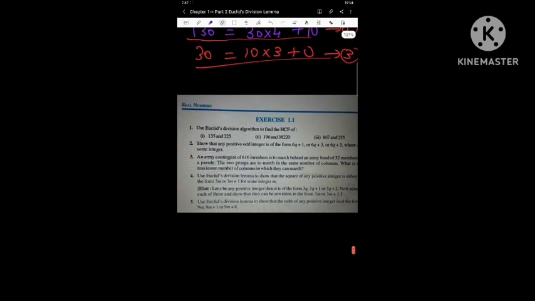Now let's start with exercise 1.1. So the first question says, use Euclid's division algorithm to find HCF of 135 and 225. What we first learnt is, whenever we are asked to solve using Euclid's division algorithm, on the rough side of the page we will first solve it using the long division method, right?